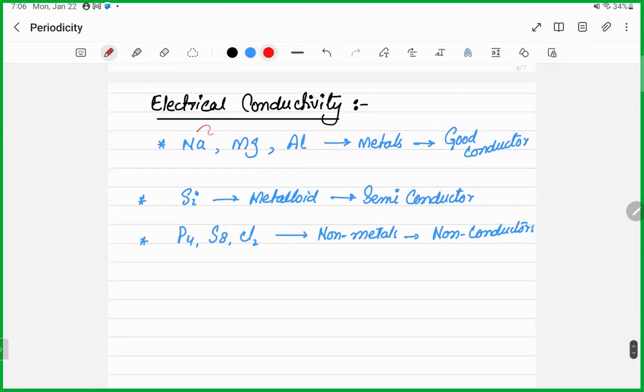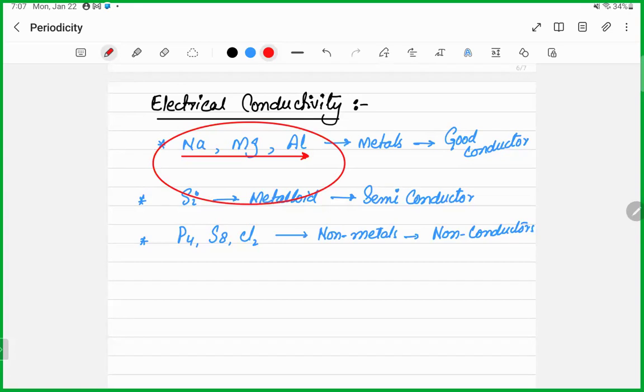अच्छा, from sodium till aluminum, the conductivity should increase or decrease in this region? Increase or decrease. Electrical conductivity किस चीज पे depend करती है? Why do metals conduct electricity? Delocalized electrons. So if you have more delocalized electrons, it should be a good conductor. ठीक है?